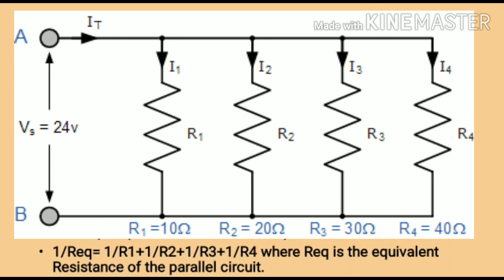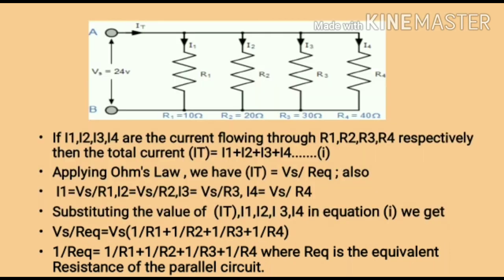Substituting the value of IT, I1, I2, I3 and I4 in equation 1, we get IT equal to I1 plus I2 plus I3 plus I4. So, Vs by R equivalent equal to Vs whole of 1 by R1 plus 1 by R2 plus 1 by R3 plus 1 by R4.